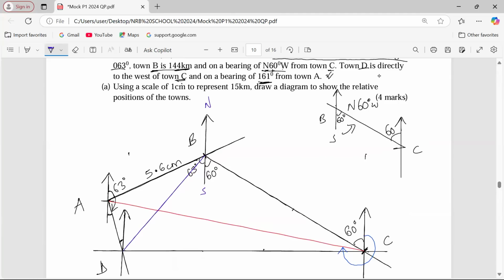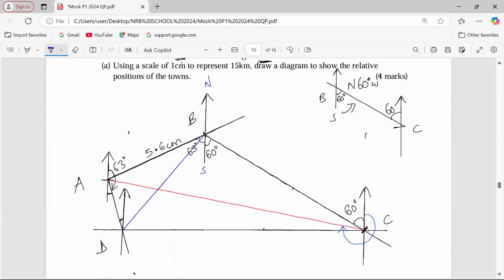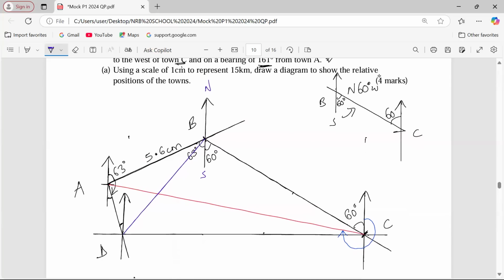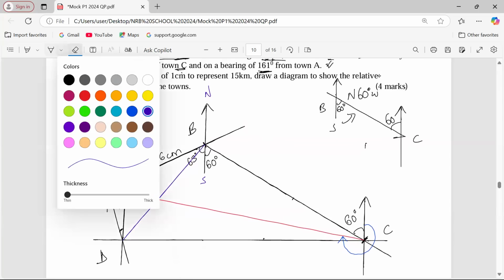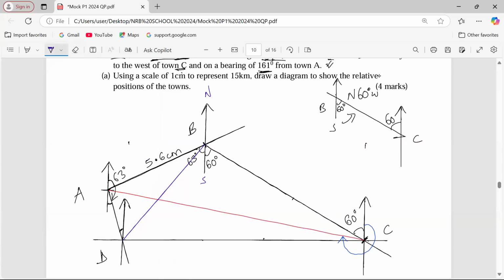But when you look at this one now, from the south of town B, for us to access D, we should move to the west. So that is the acute angle we need. It must be an acute angle from either south or north towards either east or west.